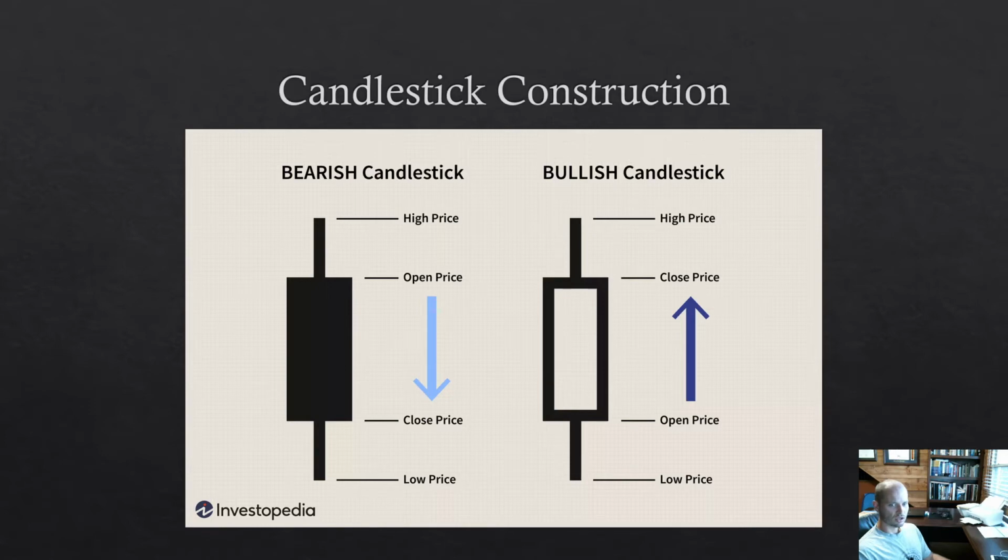This one right here is a bearish candlestick. What this is indicative of is that the price opened up here, but it closed lower down here. Same thing with the bullish candlestick. The price opened right here and pushed up and closed at an upper value.